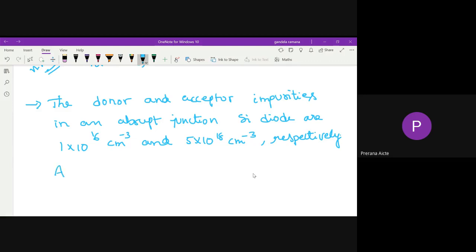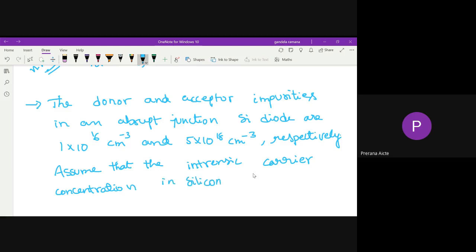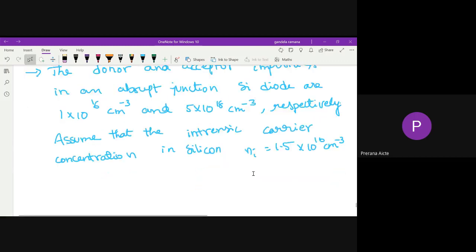Assume that the intrinsic carrier concentration in silicon, Ni, is equal to 1.5 into 10 power 10 per centimeter cube at 300 degrees Kelvin.